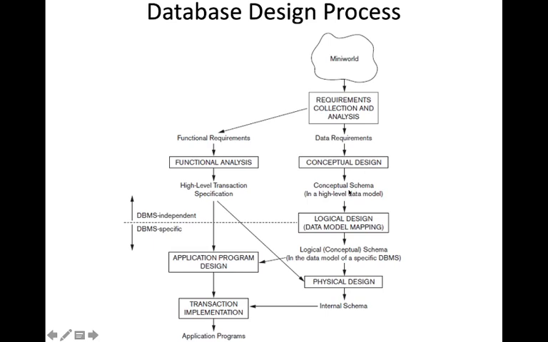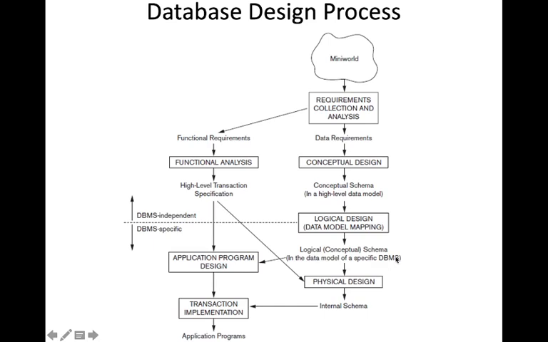From the conceptual schema, the next step. These are all database independent parts. This falls under the DBMS independent part. After doing all these things, the next thing is to write the application program. The application program will be written by the software engineering team, and the database design team will map the conceptual schema to the logical schema, which is a schema based on the data model of the specific DBMS.